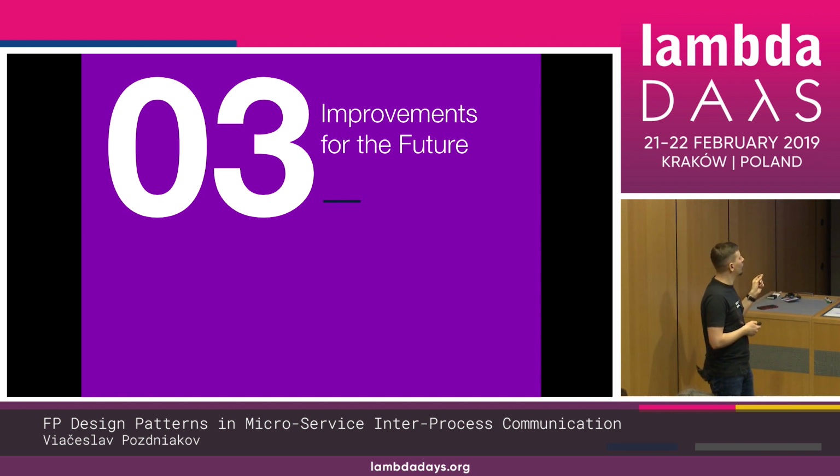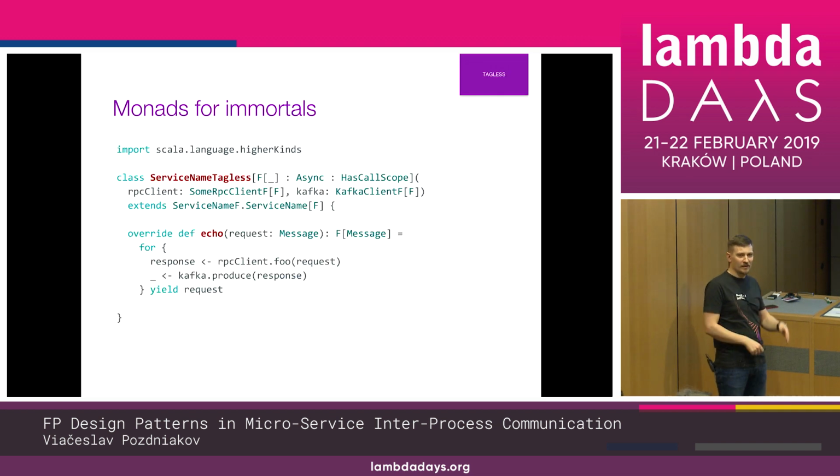But since we have a lot of different people, and some of these people are really hardcore functional programming fans, they come and say, look, we want to have Tagless Final. And what we did, actually, we wrote another Scala PB compiler plugin, which generates code which looks like that.